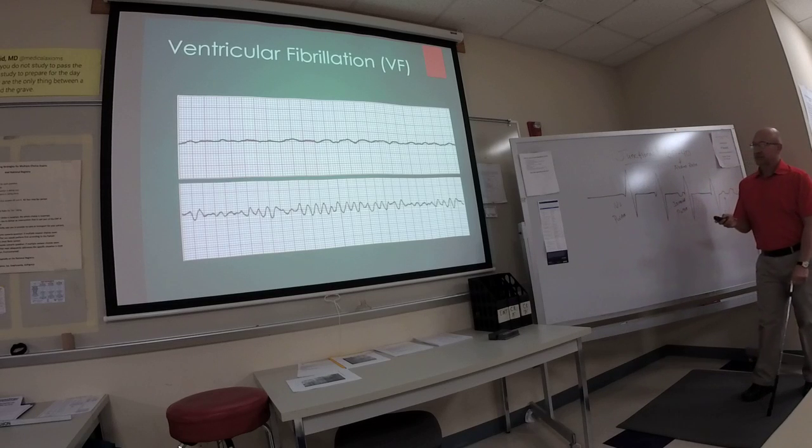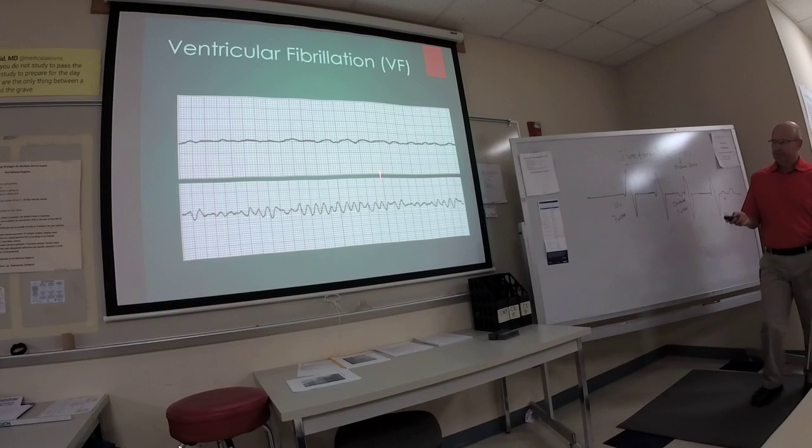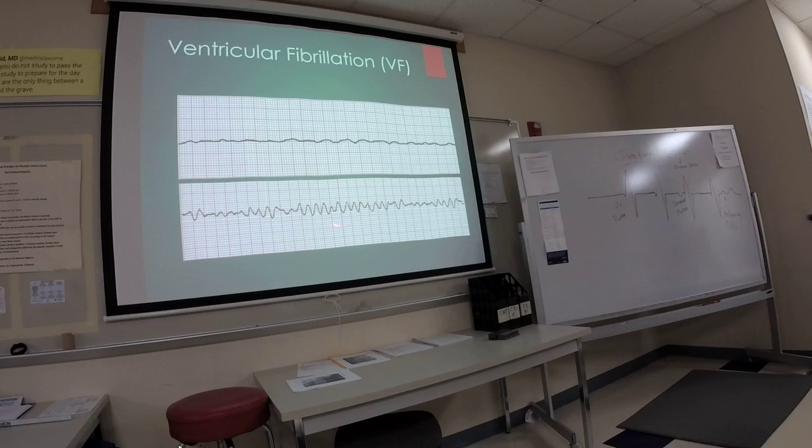Both of these are considered V-fib. So you look at this, there's no QRS complexes, right? This is considered V-fib as well. It's just too slow for V-tach. It could almost be considered maybe a little torsades, but we don't want to split hairs, right?